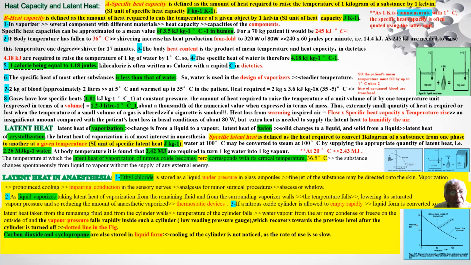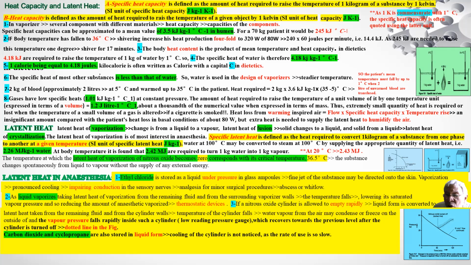The specific heat of blood, as we said before, is less than water. So if you have 2 kilograms of blood, in other words 2 liters, and we want to raise the temperature from 5 to 30 to 35, so that the patient will not be affected and lose temperature, this is the figure required whenever I want to measure the heat capacity of this amount of blood, knowing the specific heat of blood.